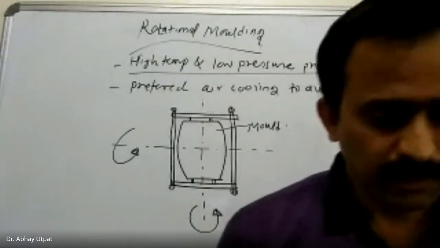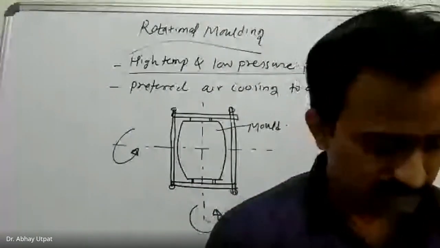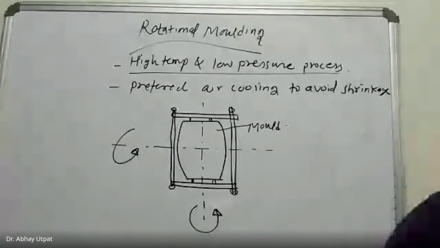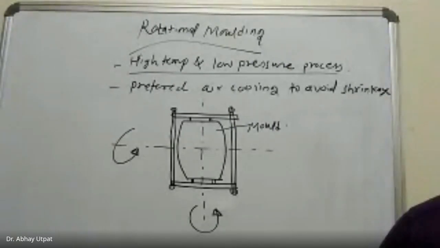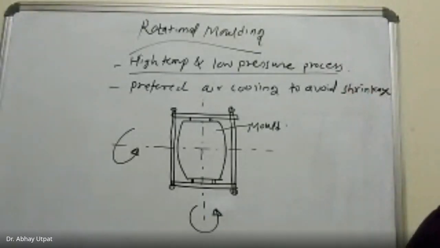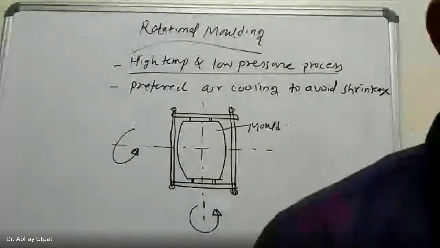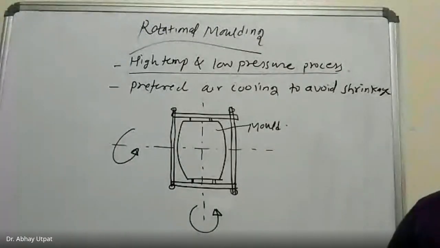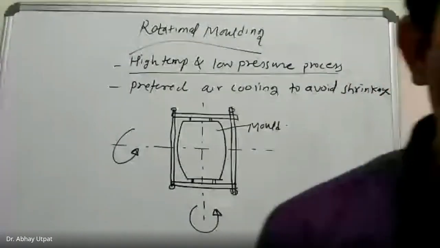The mold is rotated till the molten plastic adheres to the mold wall and makes a thin layer. Full stop.